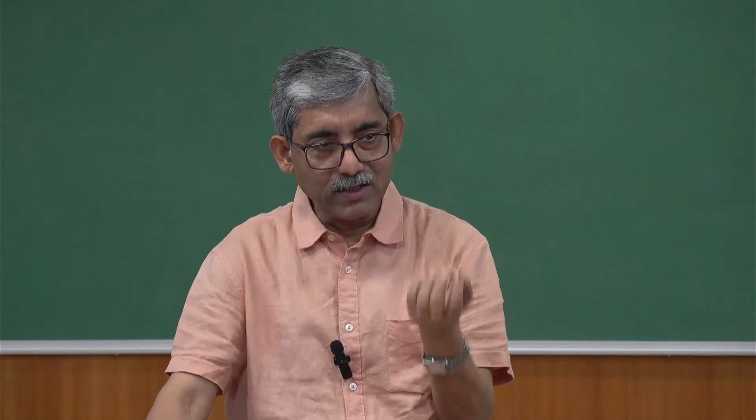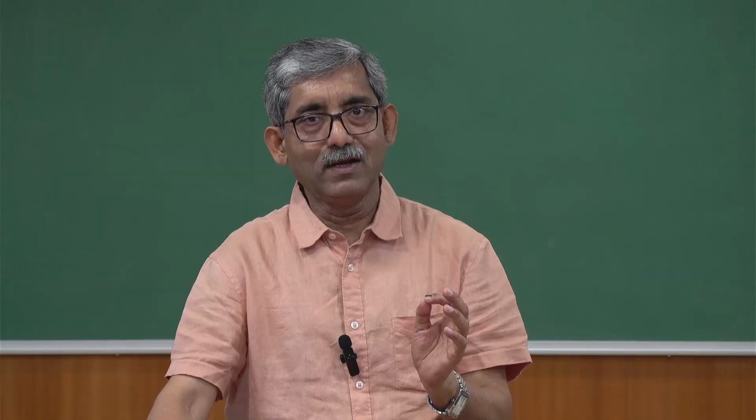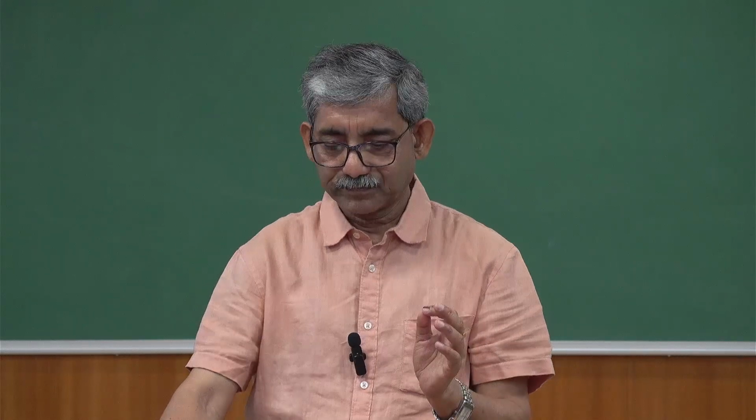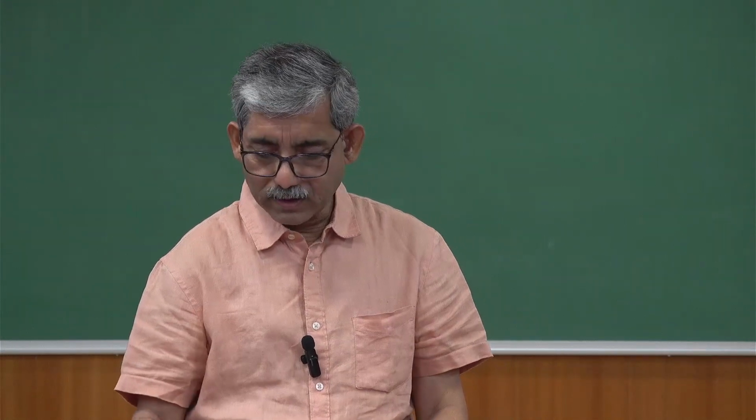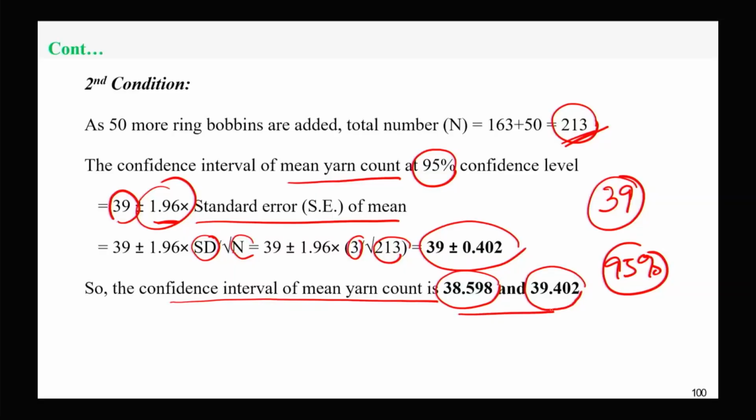We have measured the mean, standard deviation, standard error, and from that we can tell with a 95% confidence that the mean value of the population will range between 38.598 and 39.402.